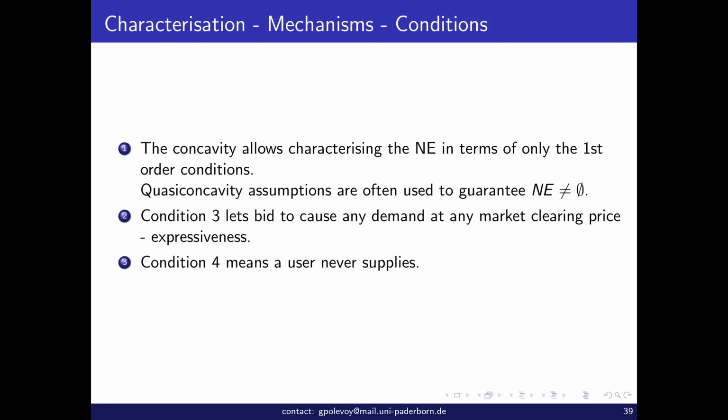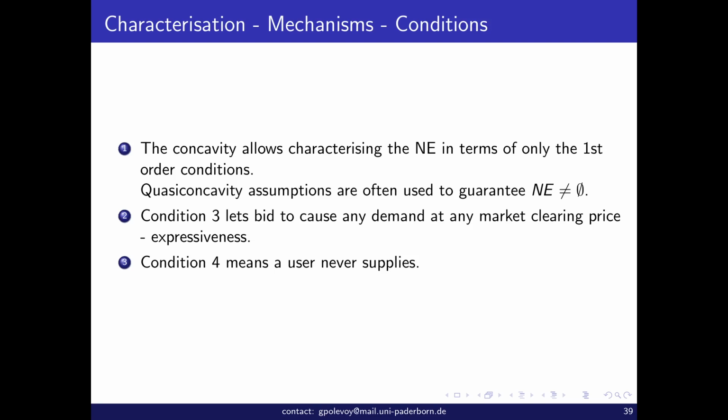So it's reasonable to assume that, and then we'll need to characterize the Nash equilibria using only first order conditions. So that's kind of a commonplace condition. It's reasonable to assume that. I'm not claiming, of course, that it's always the case. That's an assumption, but that's a reasonable assumption.